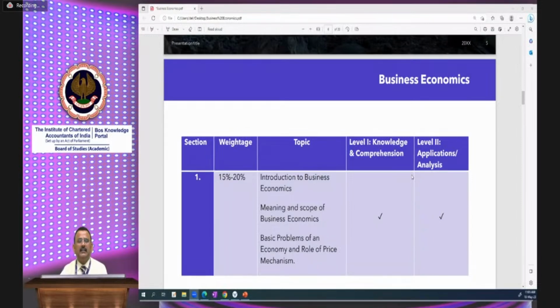It is basically introducing you to the concept of business economics. What is the distinction between micro and macroeconomics? What is economics all about? These are given in detail in this chapter or unit, and the weightage for this unit is 15% to 20%.